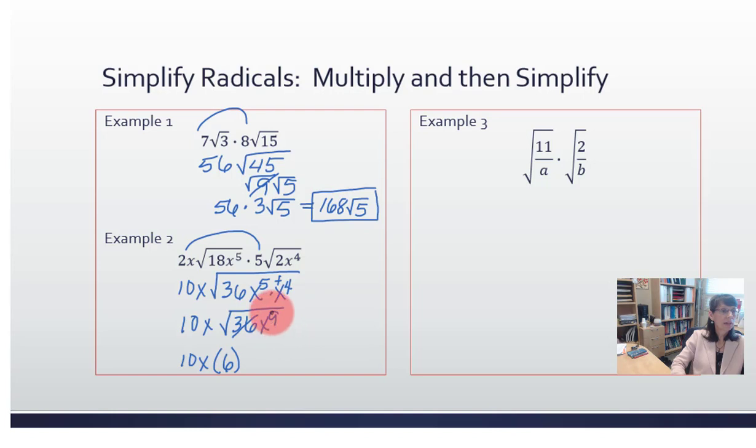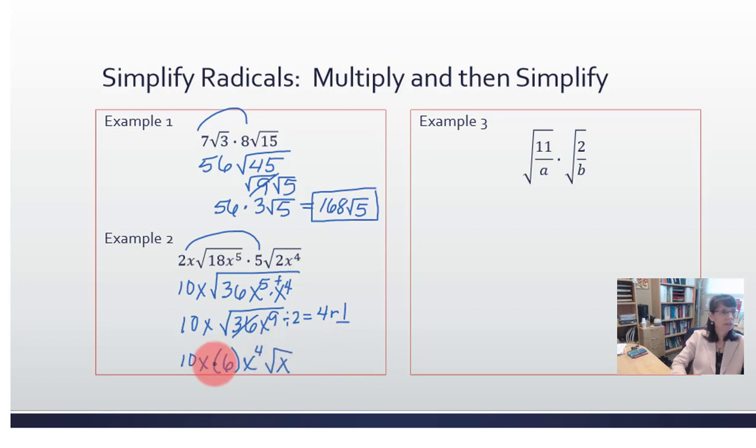And then we've got an odd number for the exponent, so we're going to take 9 divided by the index of 2 to get 4 remainder 1. This tells us that the base of x will clear the radical with an exponent of 4, but there will be one base of x remaining under the radical.